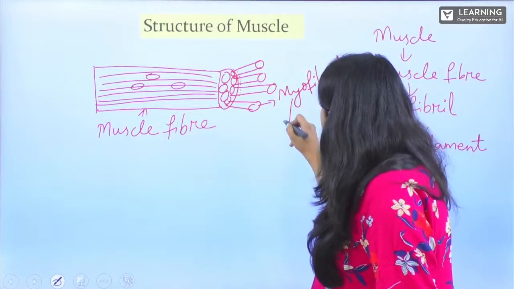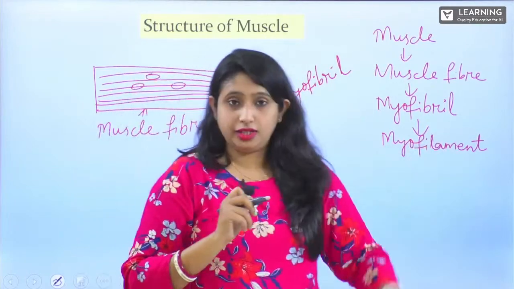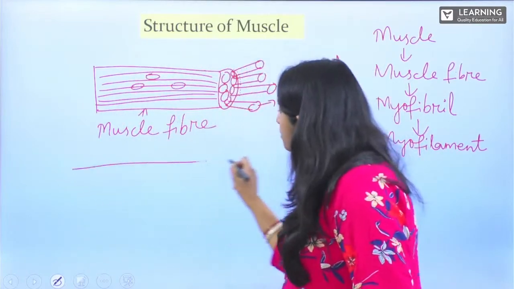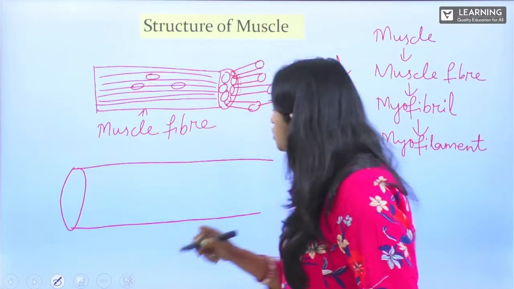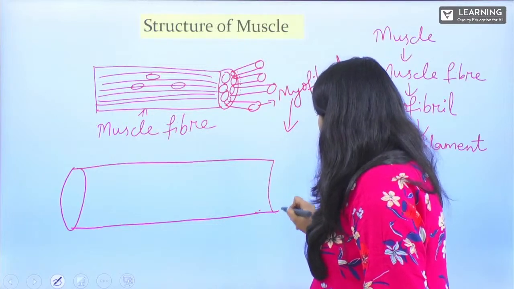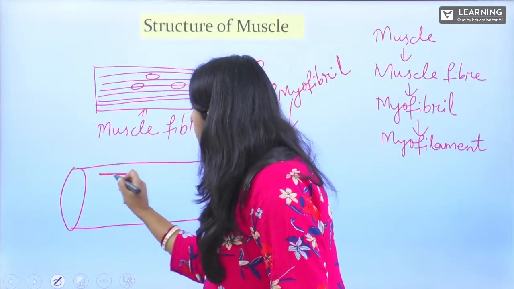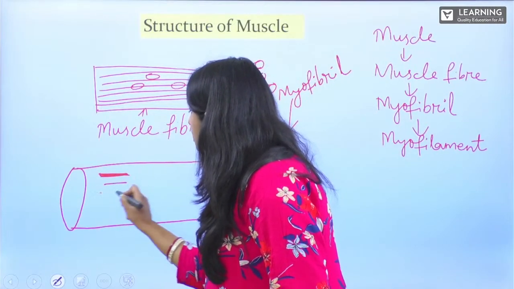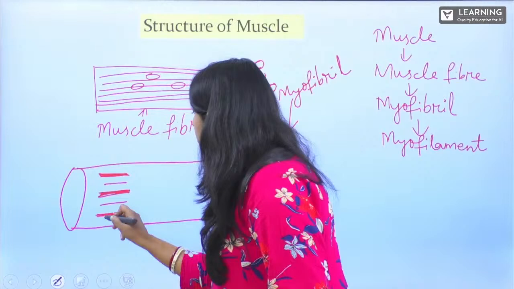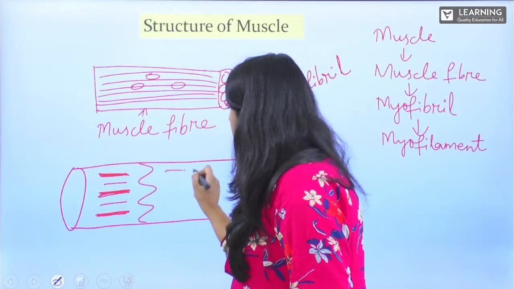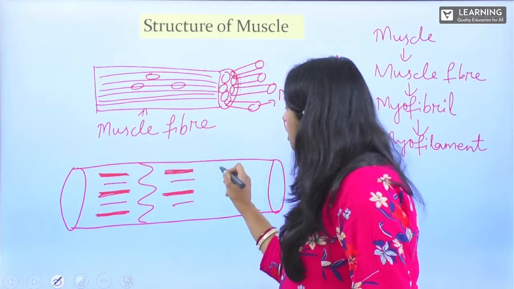When we look deep into the myofibril and dissect it, we will see the myofilament. So how does the myofilament look? Let's say it is cylindrical in structure. If I draw it like this, here you will see different bands. Some bands will be dark, some will be light, arranged in an irregular fashion.